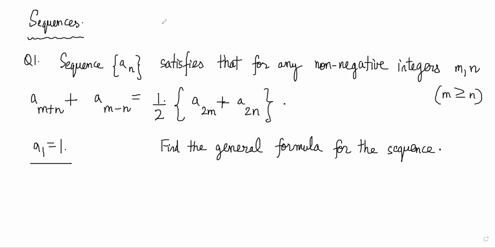Is anybody getting any lower values of the sequence? If you try to put m equal to n in the general relation here, what do we get?